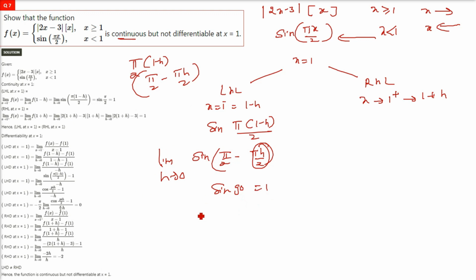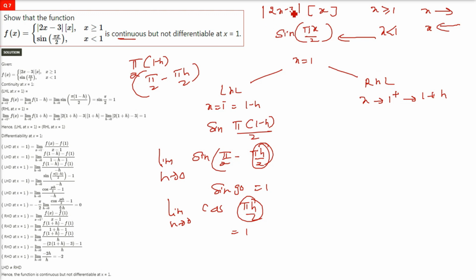Or the better way is to use the cos: cos of pi h by 2. When you apply the limit h tends to 0, it is going to be 1, since cos 0 is 1.